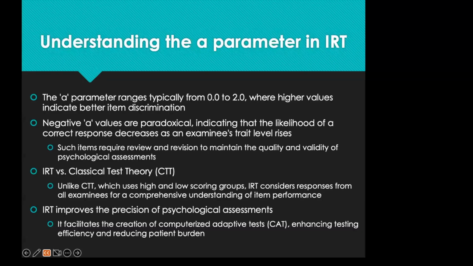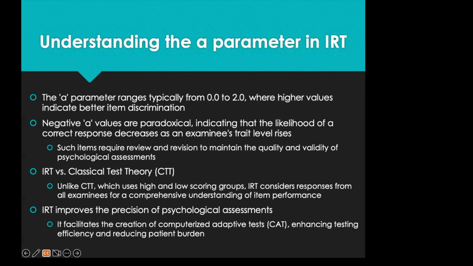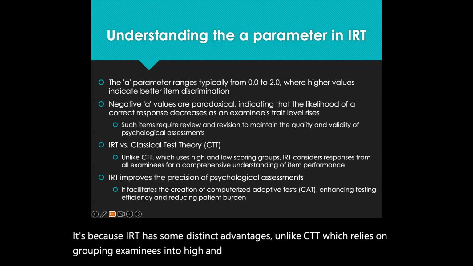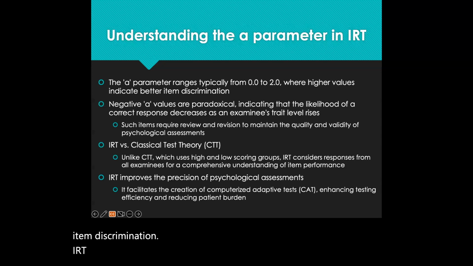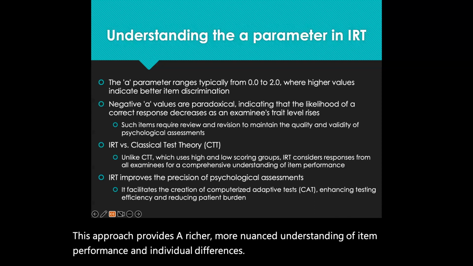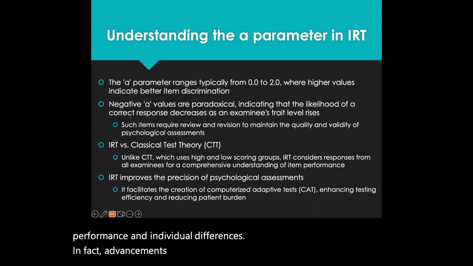IRT has some distinct advantages. Unlike CTT, which relies on grouping examinees into high and low scoring categories to determine item discrimination, IRT uses every response from every examinee. This approach provides a richer, more nuanced understanding of item performance and individual differences. In fact, advancements in testing technology have leveraged the strengths of IRT.